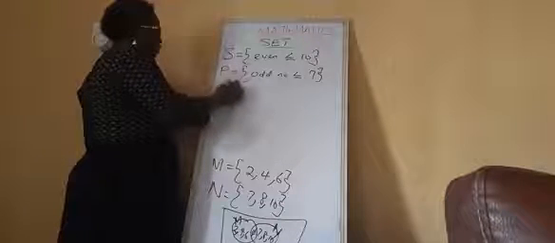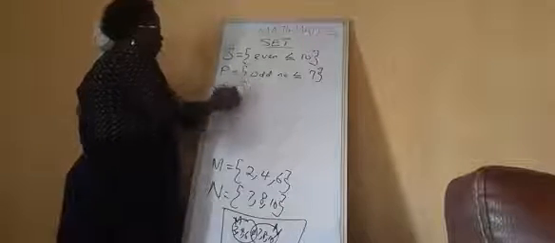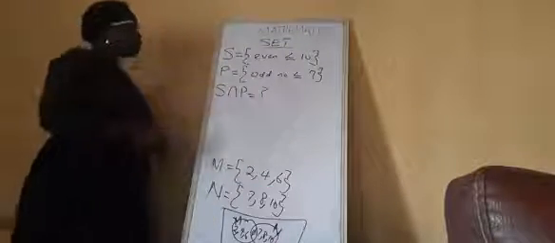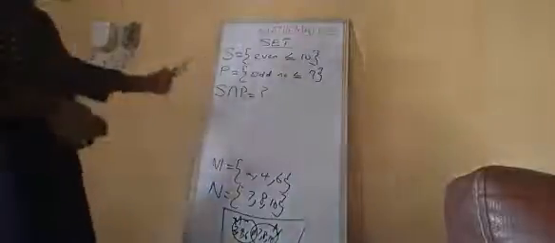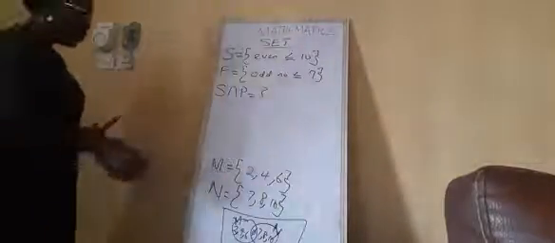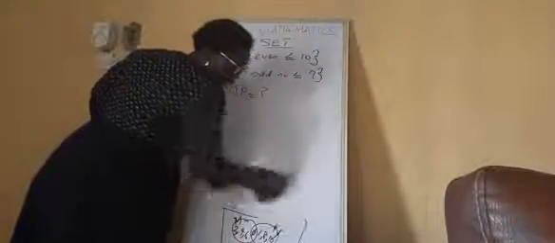S intersection P now. But before you find the relationship between them, you should be able to interpret it. That is why you need to know what even number is and odd number as well.